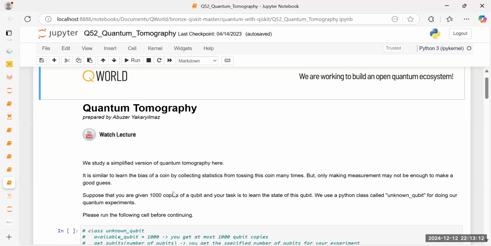We're supposed to use these copies to collect some data, and we're going to use the data we collect to reconstruct the state.